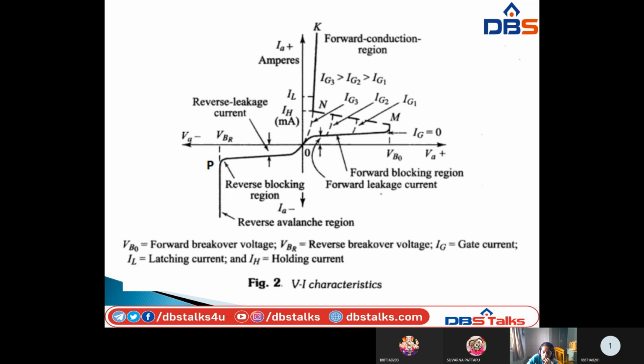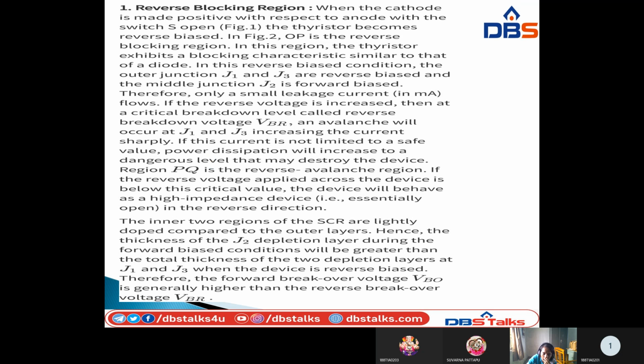After applying the gate input, the thyristor conducts and high current flows in forward conduction mode. In reverse blocking mode, there is no current flowing, only leakage current. Whenever reverse avalanche is reached, current will flow in the reverse direction also. Okay, so reverse blocking region.